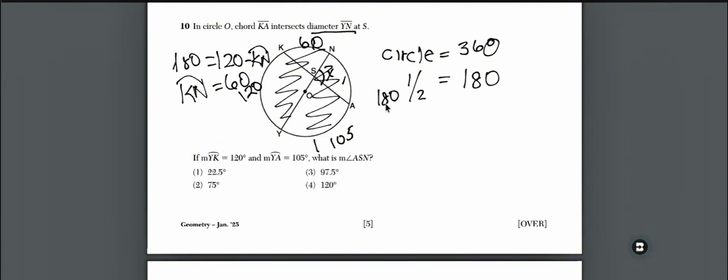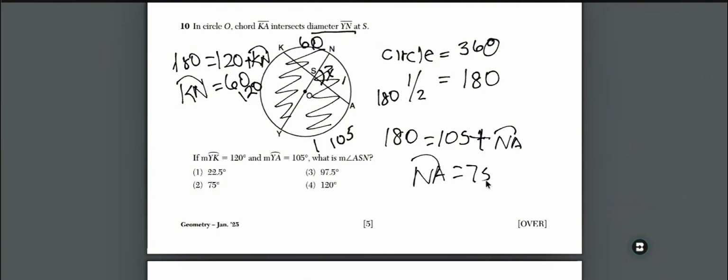Same thing for this side, so I know that I have YN again, so I have 180 equals 105 plus, sorry, this should have been a plus because together they equal 180, plus arc NA, and then that means that arc NA is going to equal 75 degrees.